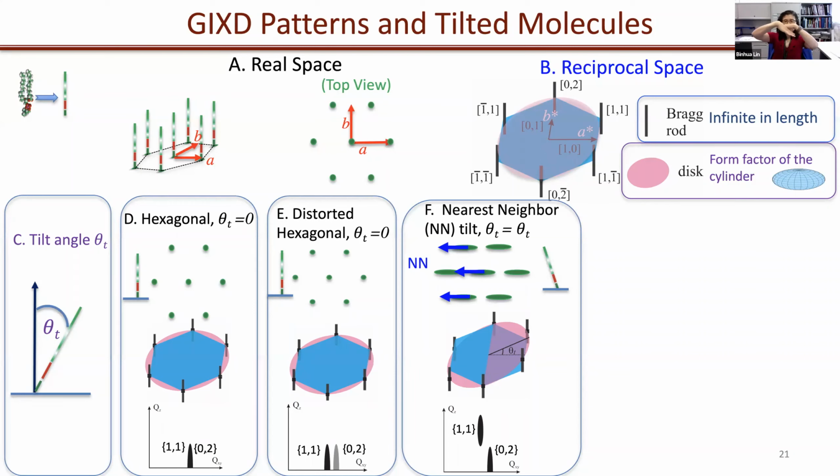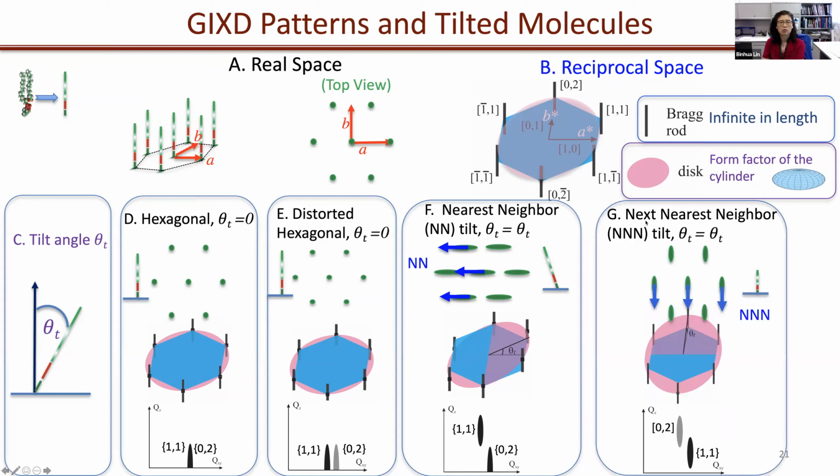So the pink cuts the Bragg rods on the left-hand side at the bottom, below the blue plane, the 2 peaks here, and cuts the Bragg rods above the blue plane, on top here. The other 2 along the non-tilted direction remain the same. So you have these 2 peaks remain the same in the plane, but for this 1-1 peak, there are only 2 1-1 peaks here. The other 2 you can't see. That's why the intensity is the same, except that for this one you only see half.